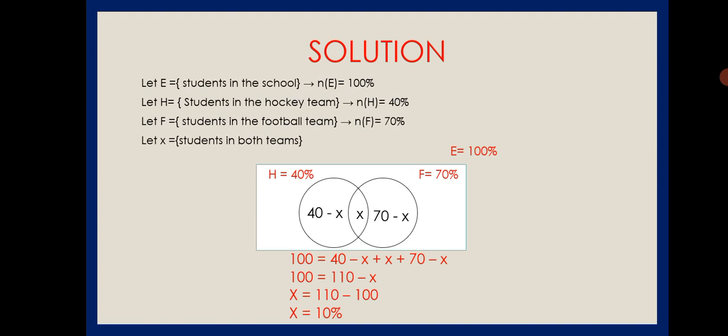So therefore, our equation is going to be 100 is equal to 40 minus X plus 70 minus X.